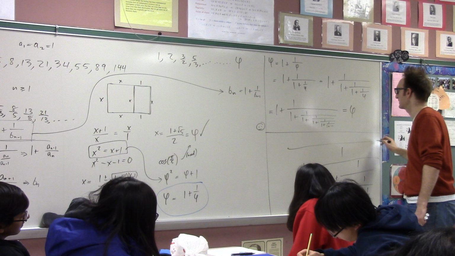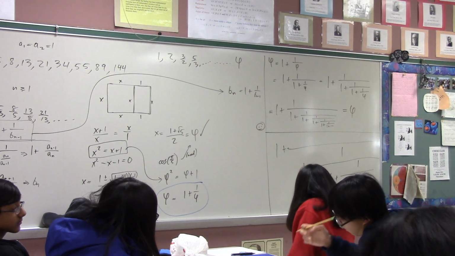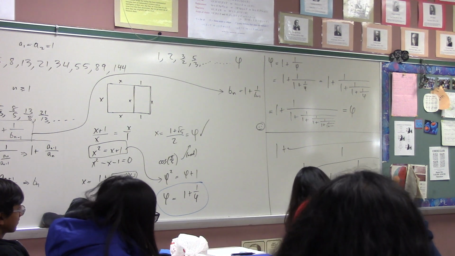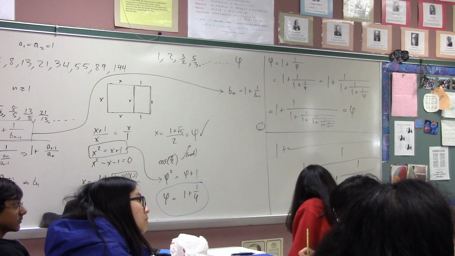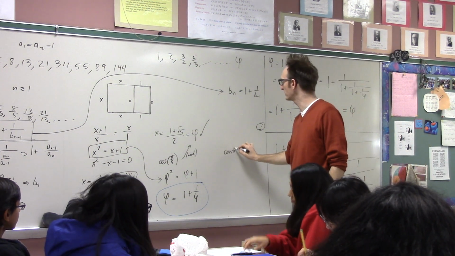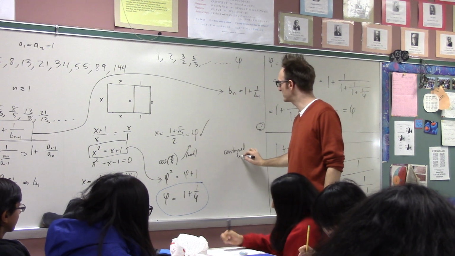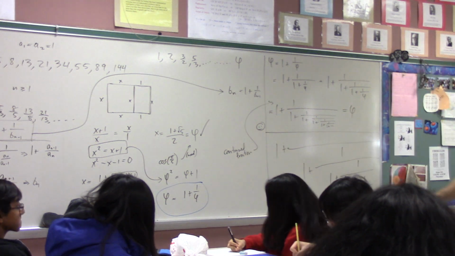Etc. So as you go farther and farther out in this sequence, you are building this infinite, what is it called? It's called a continued fraction. And this is the continued fraction expansion of phi.